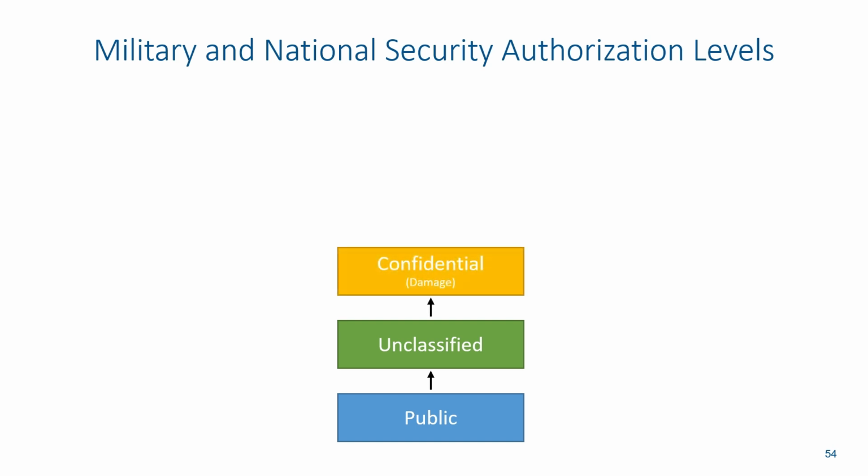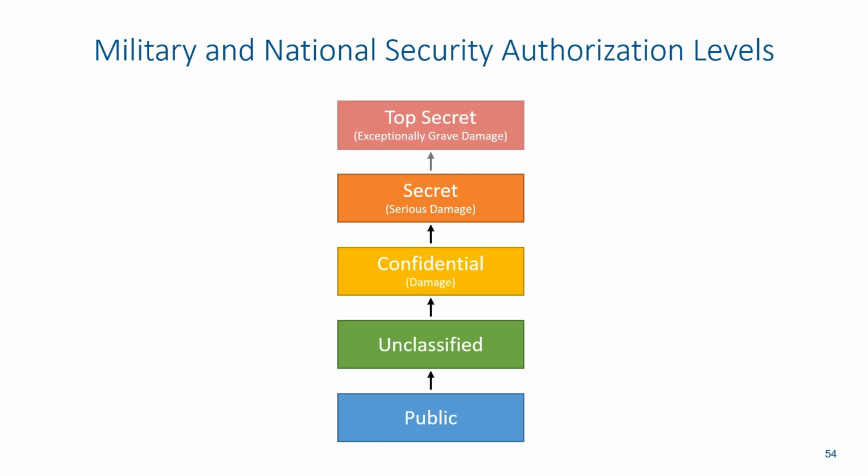The next type of data is confidential. This is data that, if there is unauthorized disclosure, could lead to damage to national security. The next level is secret. Unauthorized disclosure will lead to serious damage instead of just damage. And finally, top secret: unauthorized disclosure of this data will lead to exceptionally grave damage to national security.